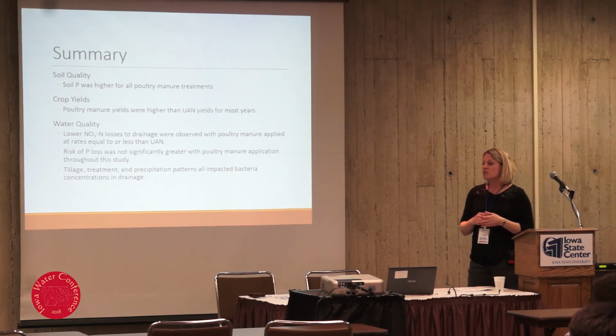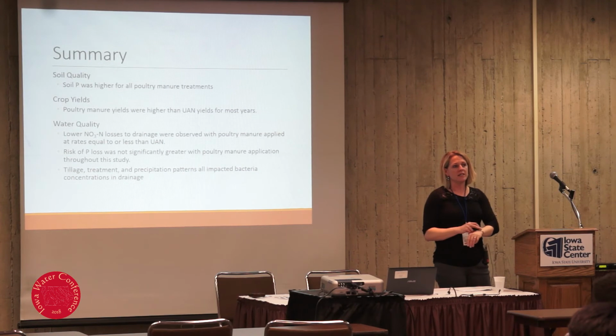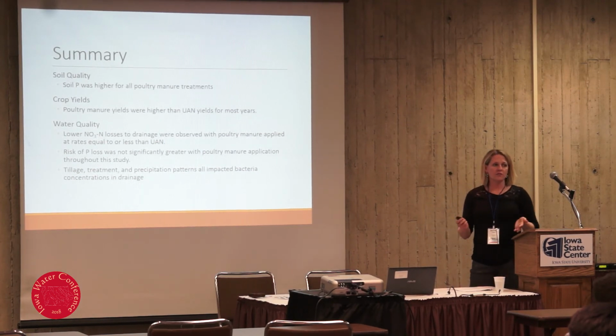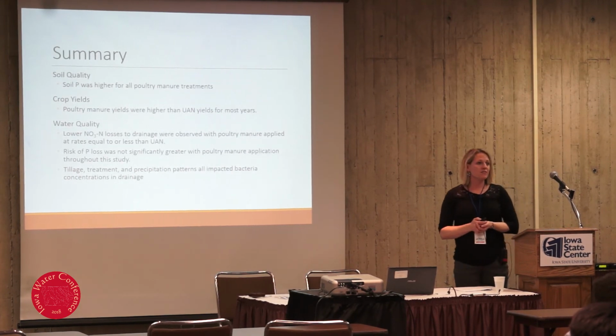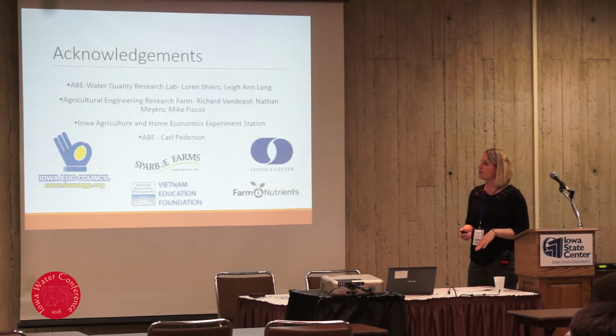And then to date, through 2014, we did not see statistically significant differences in the phosphorus levels in drainage, with, of course, the last few years of the study still pending. And then we did see differences in transport from bacteria due to tillage, so the no-till versus the chisel plow. And then also the wet year, we had higher losses than we would see in a dry year.